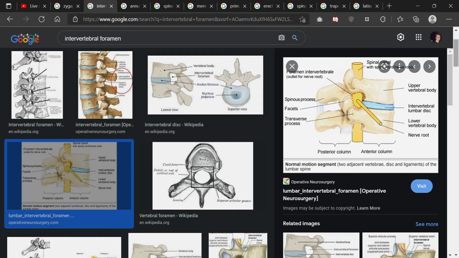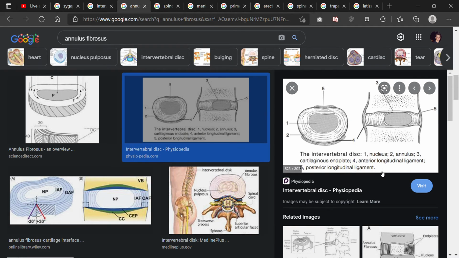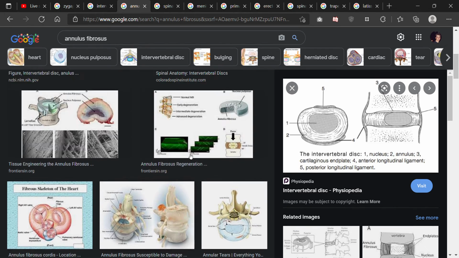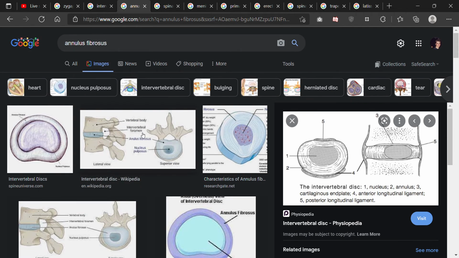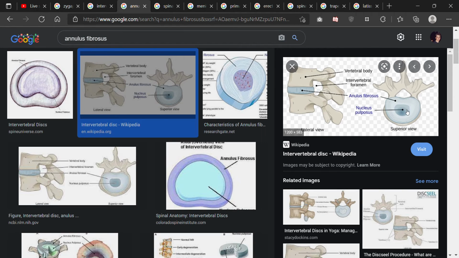Next, what we have is the annulus fibrosus and the nucleus pulposus. The nucleus pulposus is this central portion here, and the annulus fibrosus surrounds it.